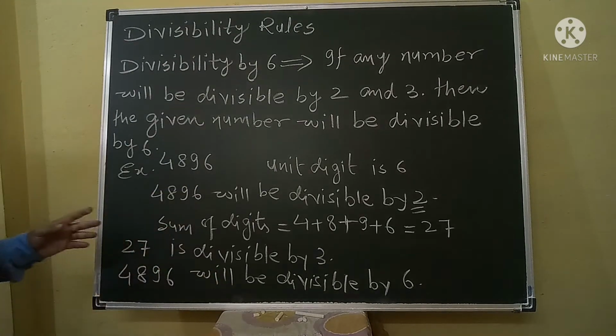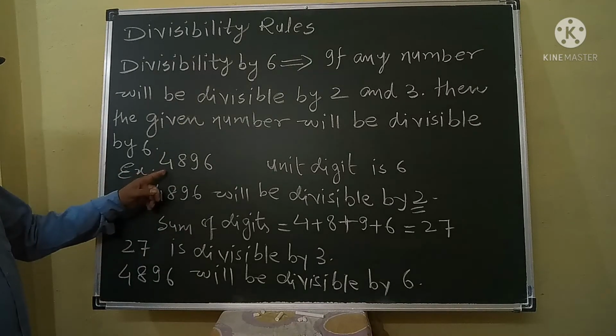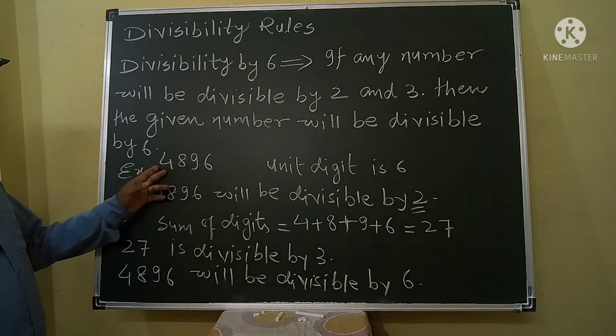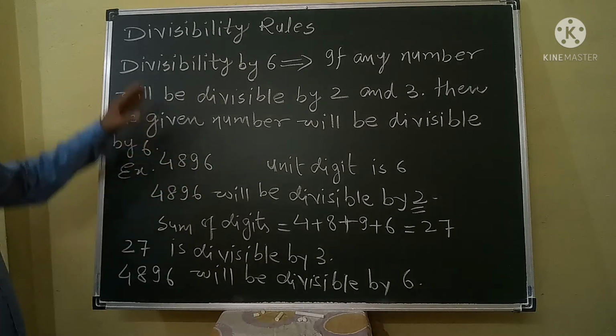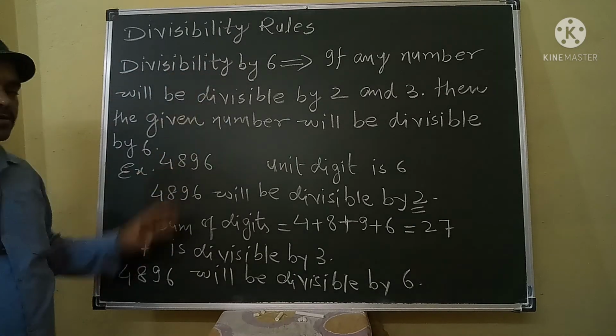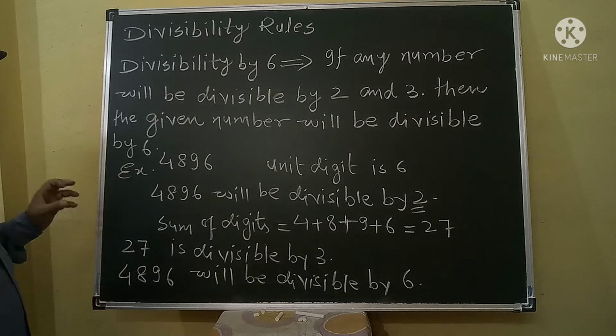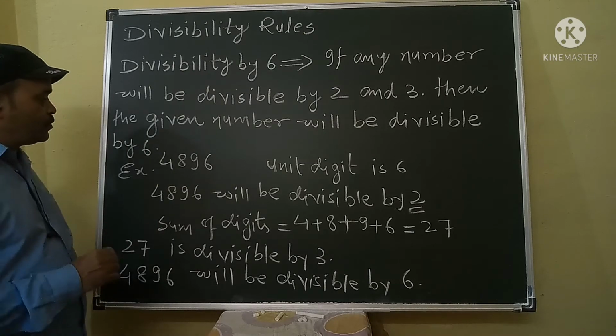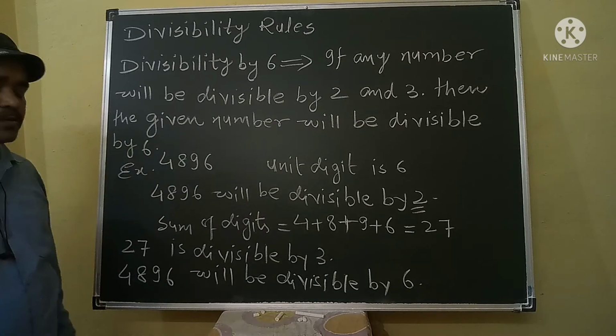Next example is, suppose this is 4896, and you want to check whether the given number will be divisible by 6 or not. So first what we will do, we will check the divisibility rule for 2. What is the rule for 2?